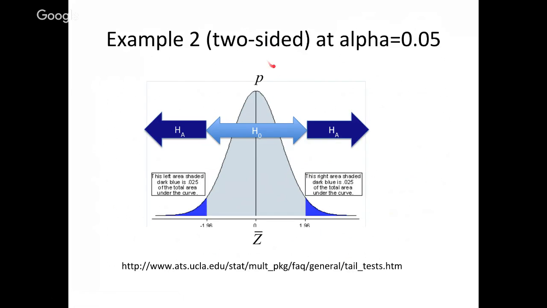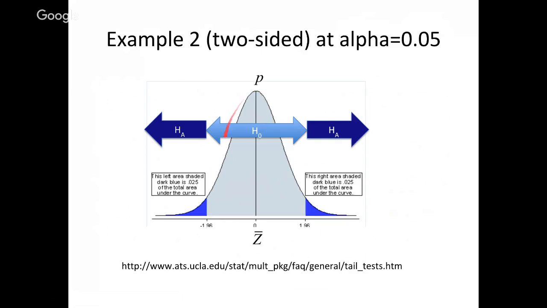In the case of the two-sided test, if we still stick to alpha equal to 0.05, so we're willing to accept a 5% probability of committing a type 1 error, that 5% probability has to be divided between the upper and lower tail. The light blue probability indicates the region where we're going to accept the null hypothesis. If our z statistic falls into the upper or lower tails, where there's a dark blue region, we're going to reject it.